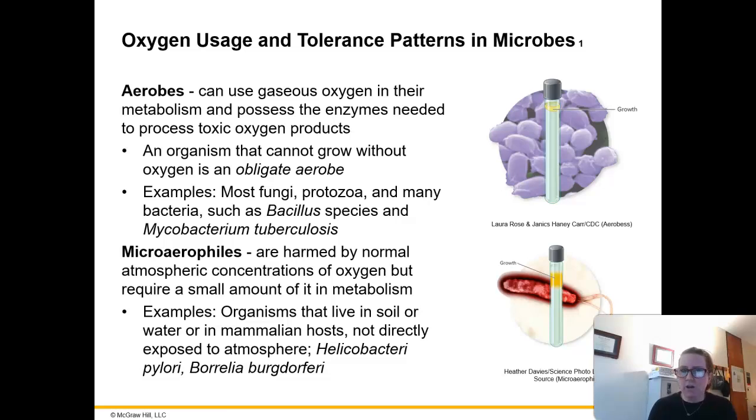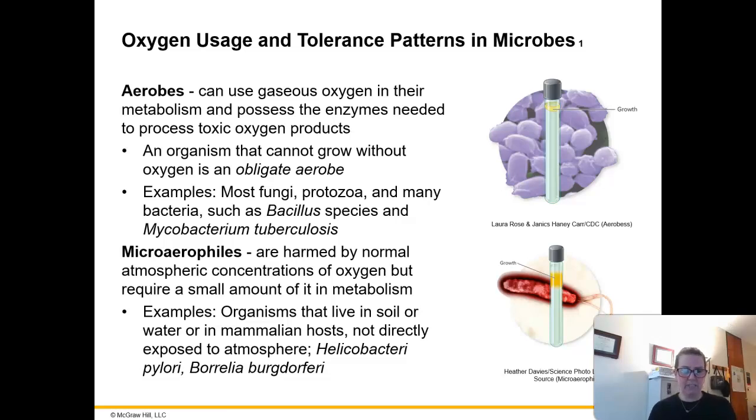These are what we call the aerobes. They absolutely have to have gaseous oxygen, and guess what? They have the enzymes that they need to process all those toxic oxygen products. So we will call this organism an obligate aerobe, an organism that cannot grow without oxygen. That's most fungi, protozoa, and many bacteria, including Bacillus species, as well as Mycobacterium tuberculosis, the causative agent of TB.